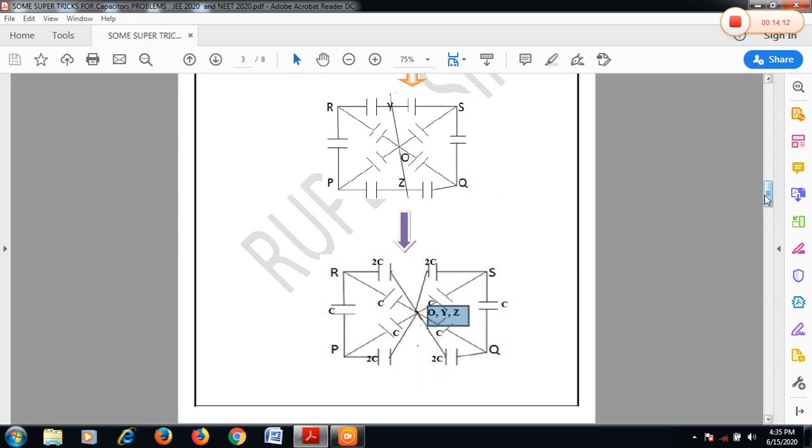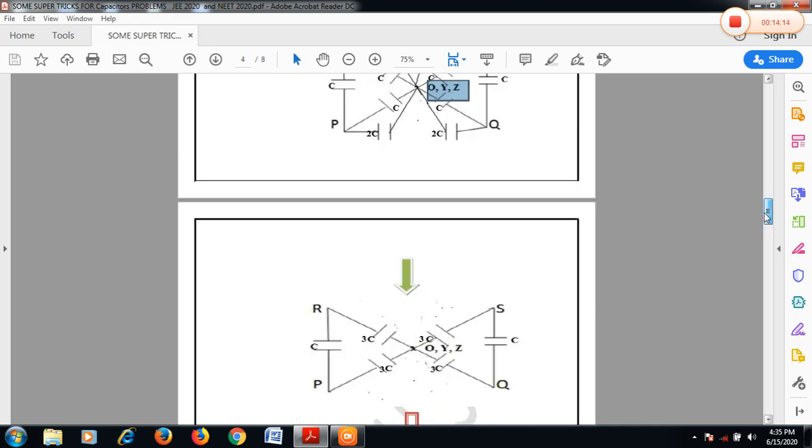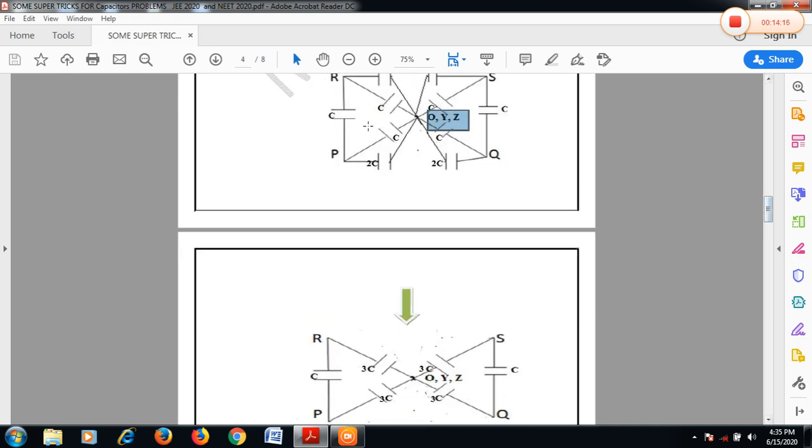Okay, now as I have discussed in this part, here we have this simpler version.